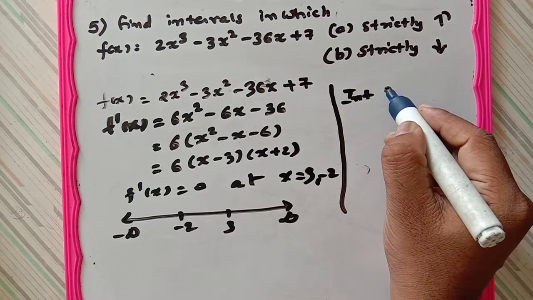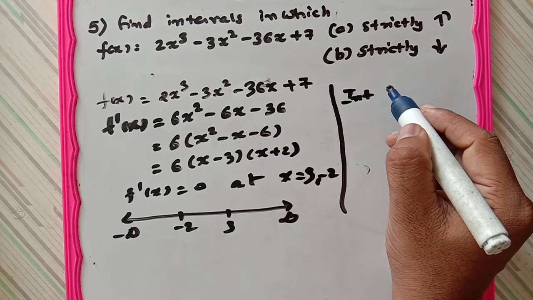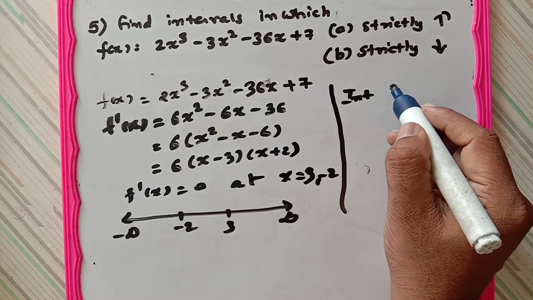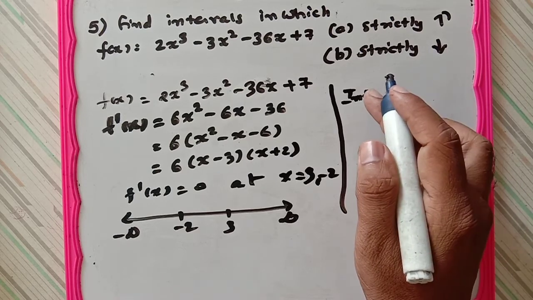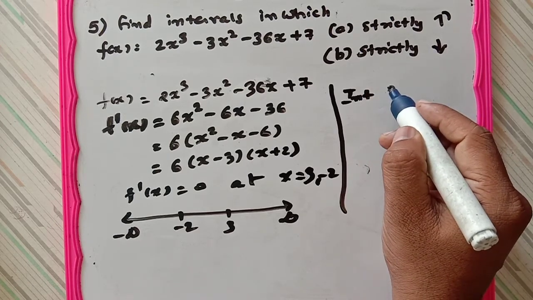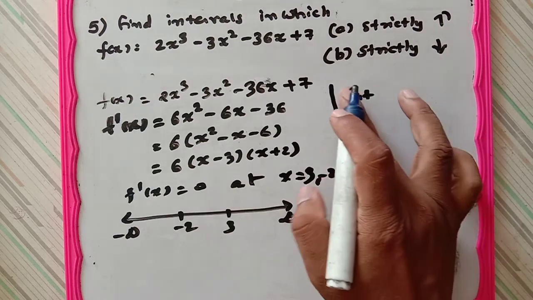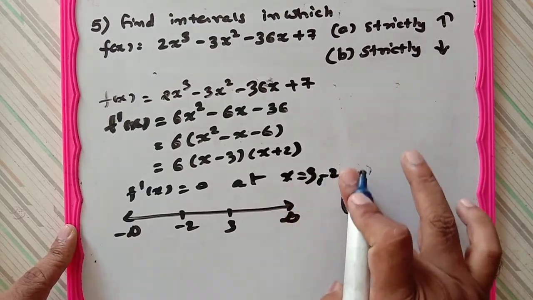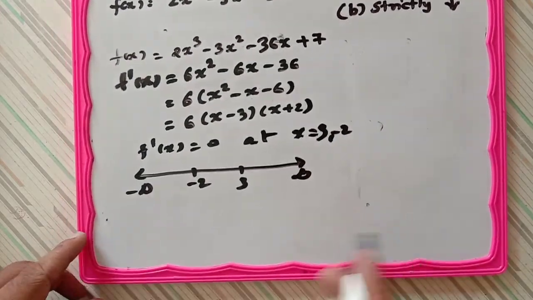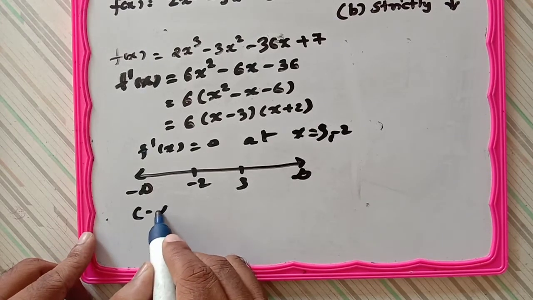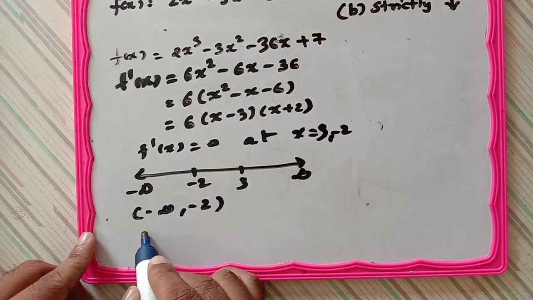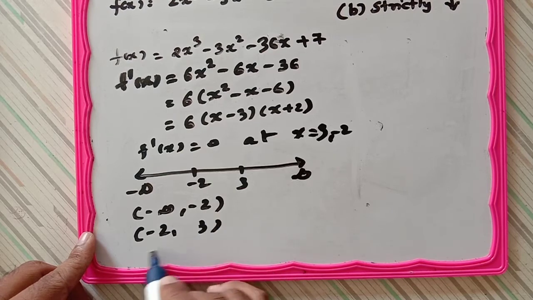So we can write -∞ to -2, -2 to 3 and 3 to ∞.